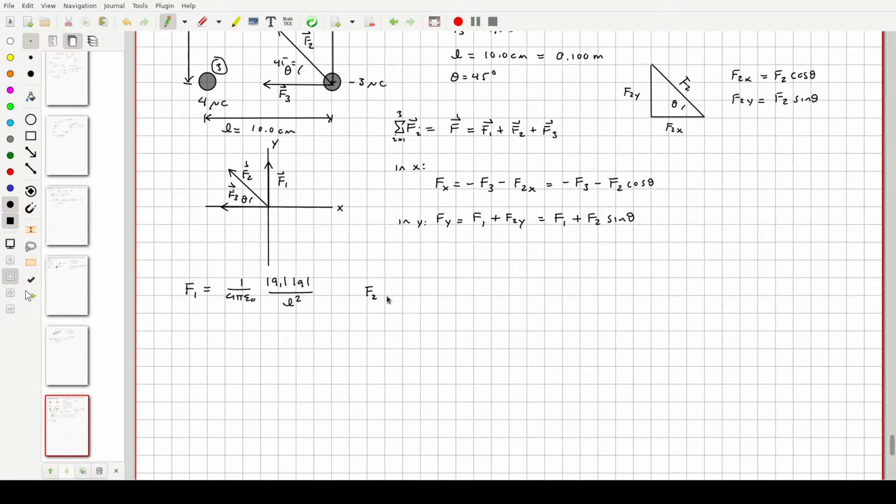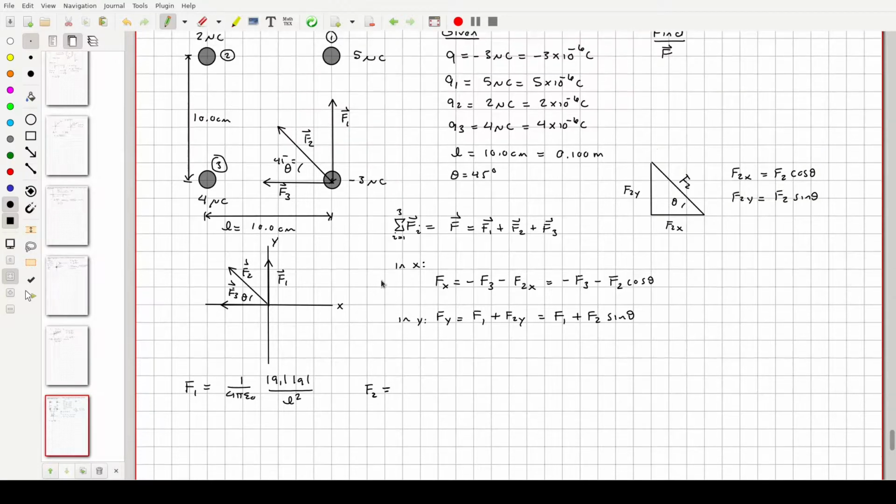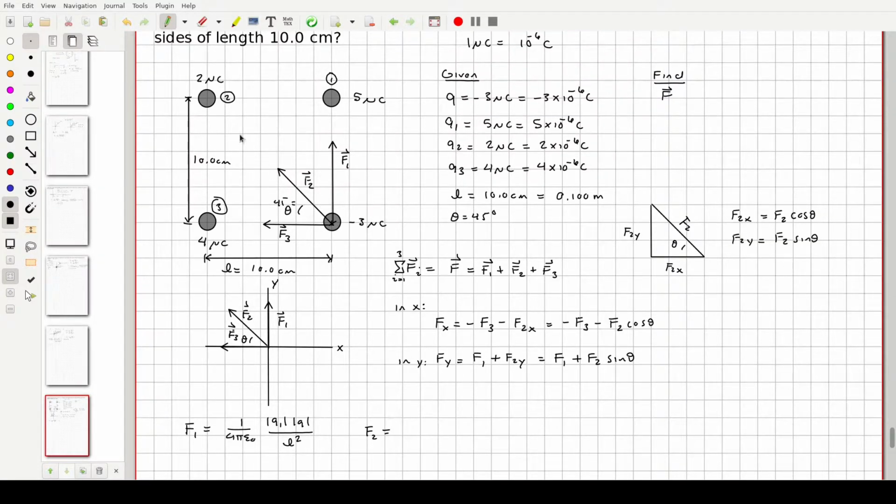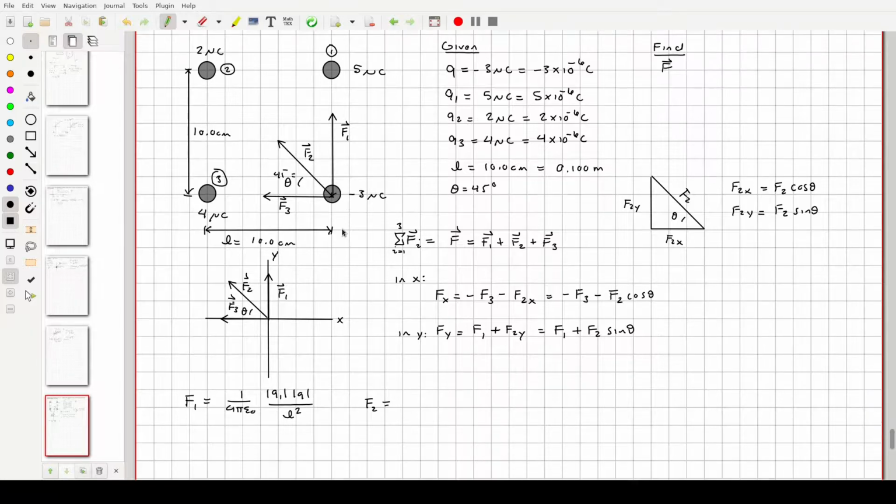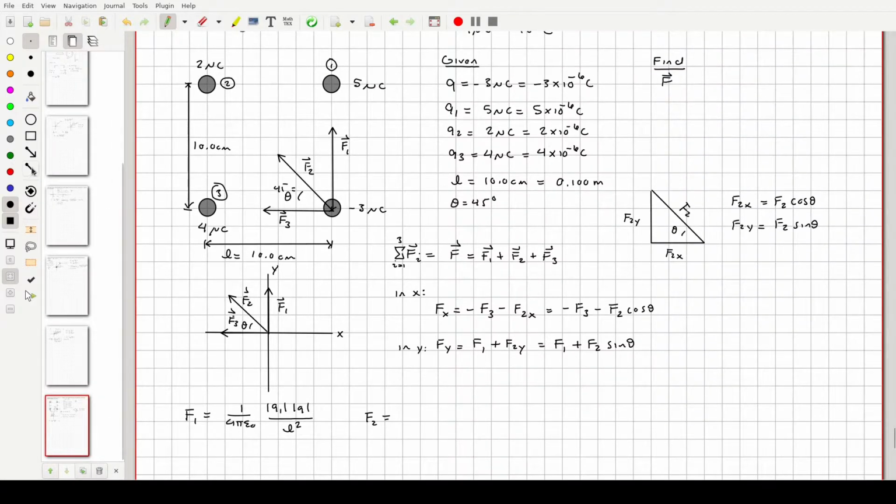F2 is a little more complicated, because remember, our force acts from the center of one charge to the center of another charge. That's along this direction right here. So if you think of this as a triangle, we have a triangle that has a side of length L, a side of length L, and we're trying to find the hypotenuse. Well, we know the hypotenuse, this distance right here, which I'll draw as a dotted line like this. We know that distance right there is going to be the square root of L squared plus L squared, using the Pythagorean theorem.